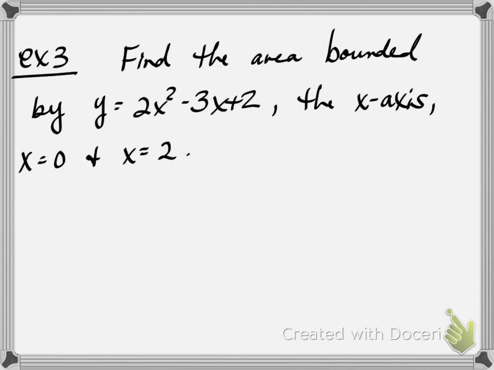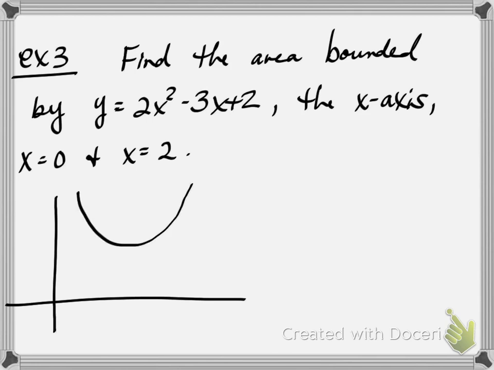Oh gosh, Ms. Stewart, I thought you just said we didn't have to do area this way anymore. So that's a parabola like this. X equals 0. Oh, I didn't draw that very well.